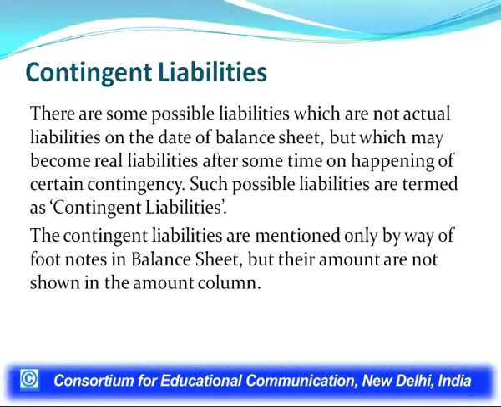There are some possible liabilities which are not actual liabilities on the date when we are preparing the balance sheet, but they may become a real liability after some time or on happening of a certain event or contingency. So, these are called contingent liabilities.